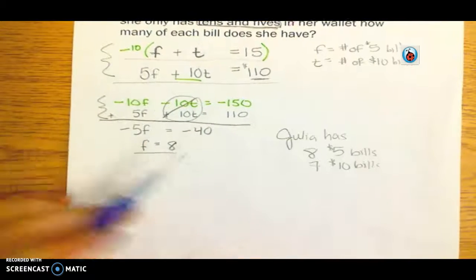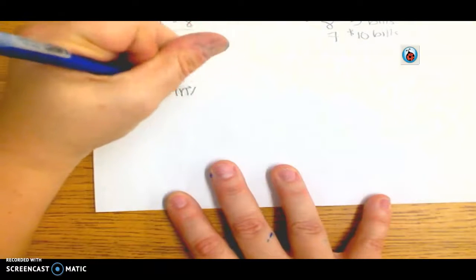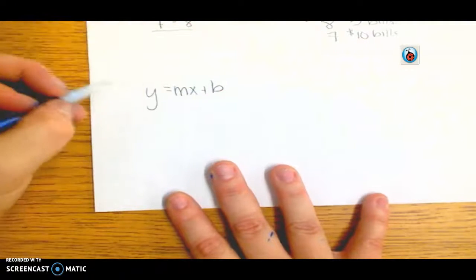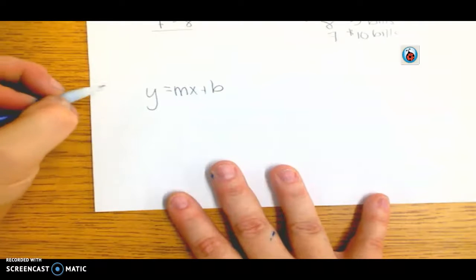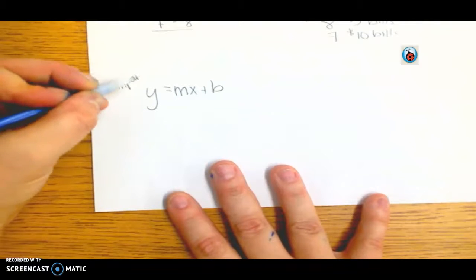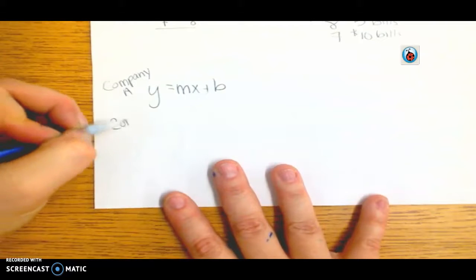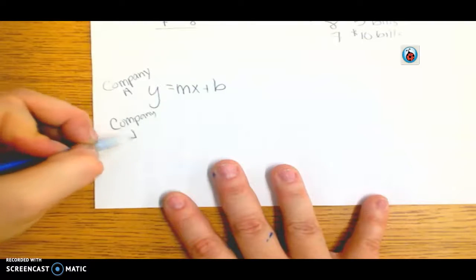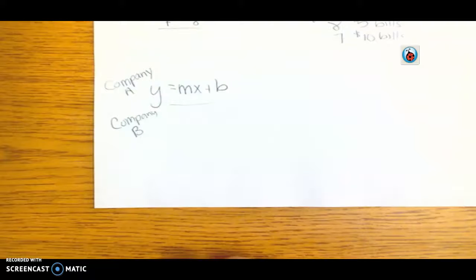And then if it was more of having to set it up, remember, in the slope-intercept form, that tends to be when we're comparing two different companies, or, you know, we're comparing little Bobby to little Susie, and we want to know when they will both be the same. They tend to take that format. So that's a little bit of info there too.